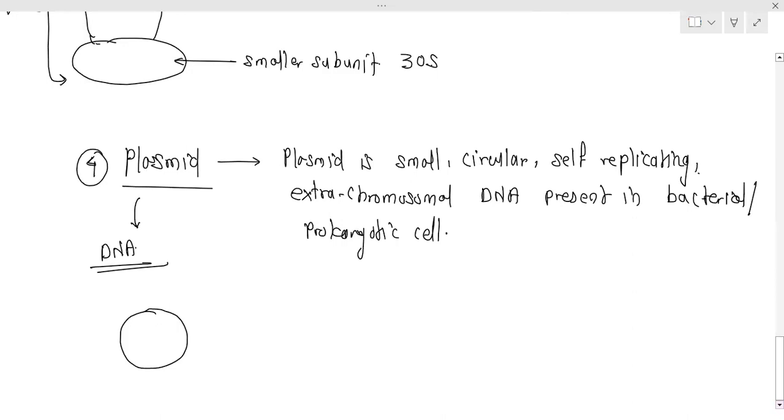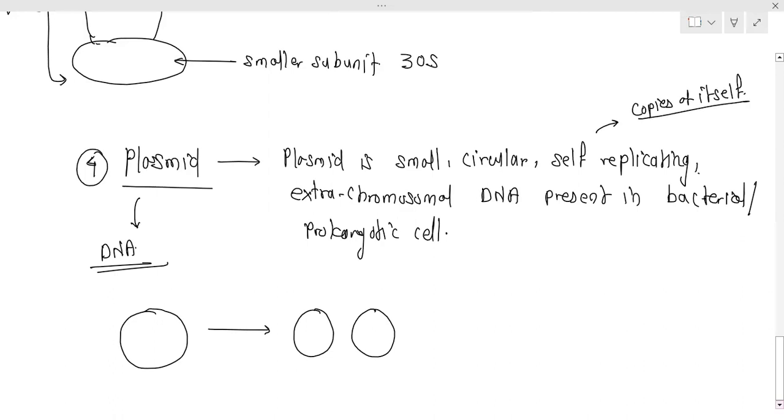It is self-replicating. Self-replicating means, suppose I have one plasmid in the bacteria, after some time it will create one more plasmid. Self-replicating means it can make copies of itself.